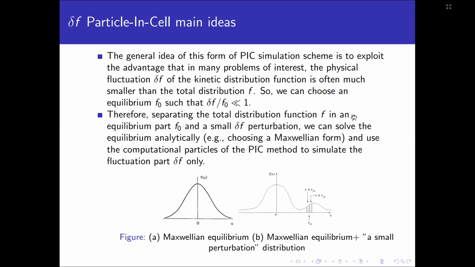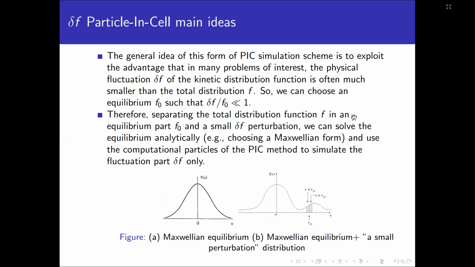So usually with particle in cell, we will use all the particles for sampling all this distribution function. But here comes delta F simulation and tells us, well, what if you could represent this problem as the sum of a Maxwellian distribution function, okay? This Maxwellian distribution function, and a small perturbation.